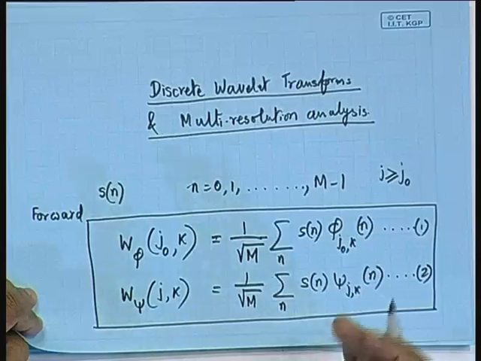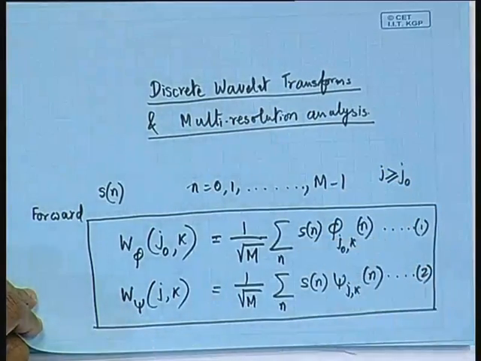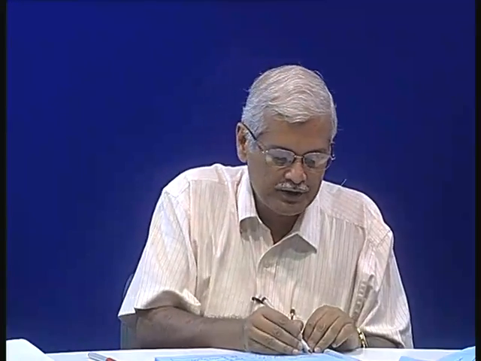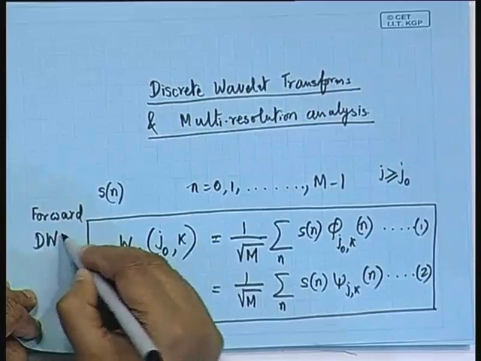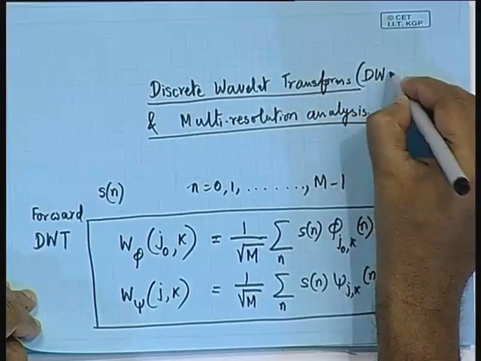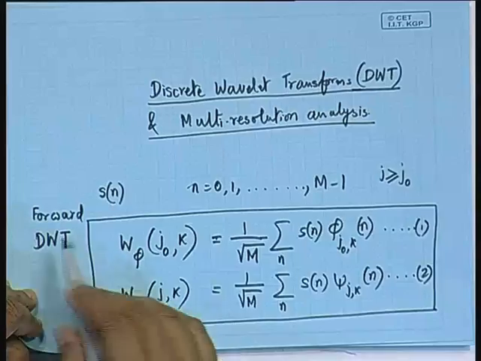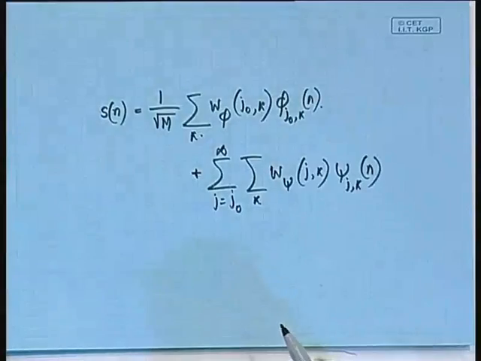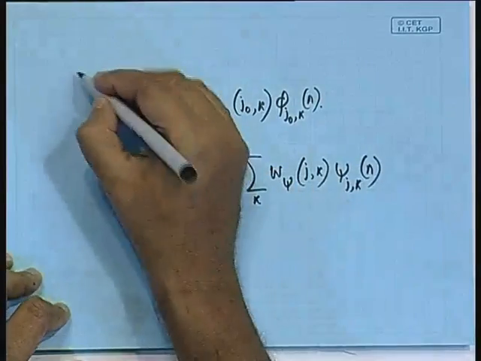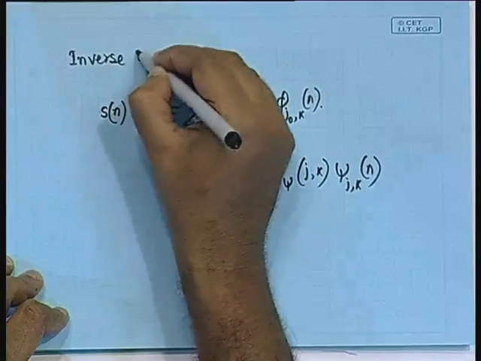So, we are using the wavelet functions and the scaling functions also in their discrete time form. So, this is forward discrete wavelet transform. The short form of discrete wavelet transform is DWT. So, we call this the forward DWT, and this will be the expression for the corresponding inverse DWT.